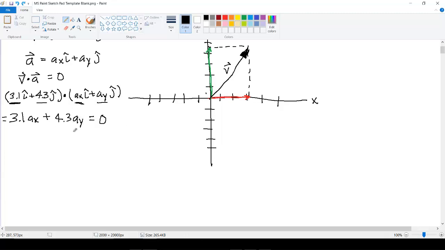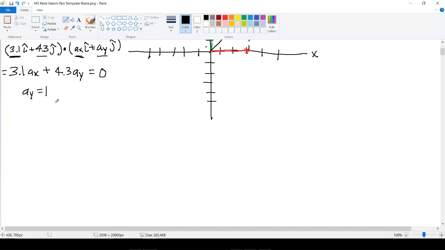This will work unless you choose one of them to be 0. If I said Ay equals 0, then Ax would be 0 too, and a zero vector doesn't make much sense. Whatever other choice will work. So I'm just going to choose Ay equals 1. That's a pretty simple number.